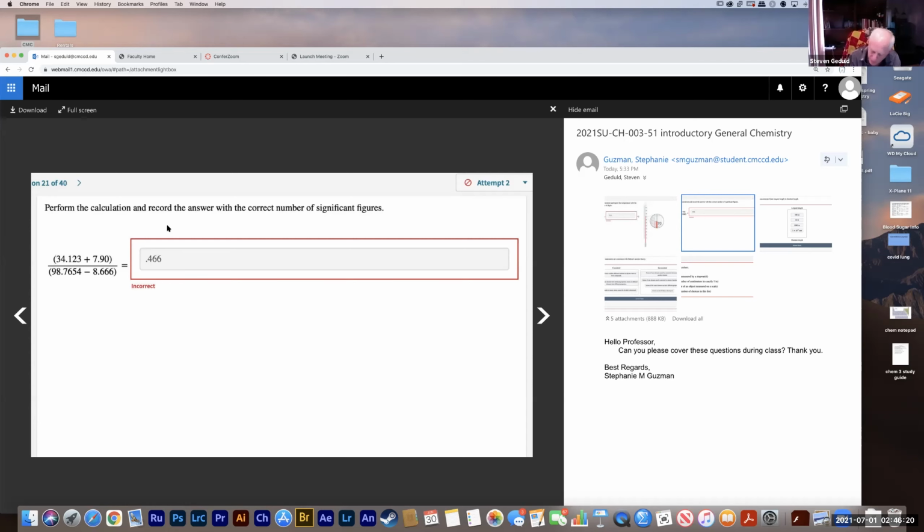42.023. Now you can round this off at the end or during. I usually round it off during. I'm 2 places past the decimal, so it's 42.02 for the top number. The bottom number, I get 98.7654 minus 8.666, something like that.